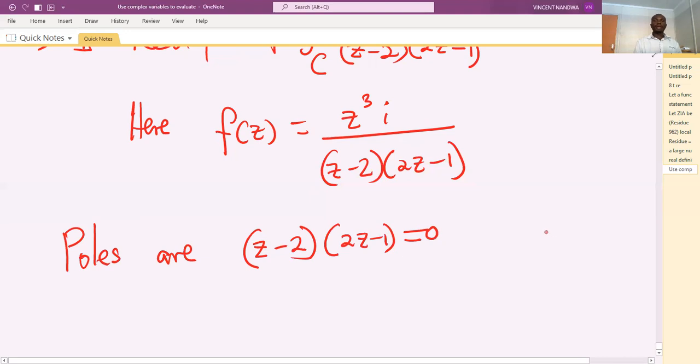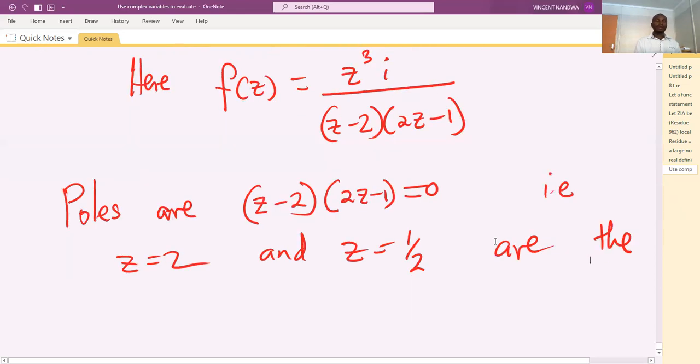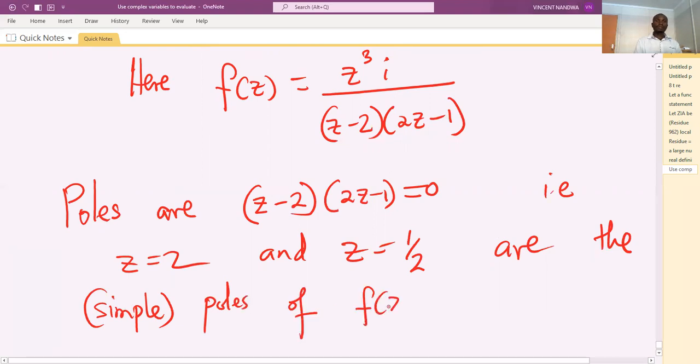I.e. z equals 2 and z equals a half are the poles of the function f of z.